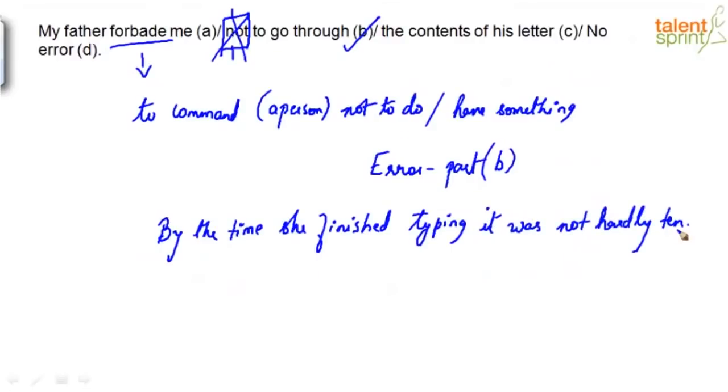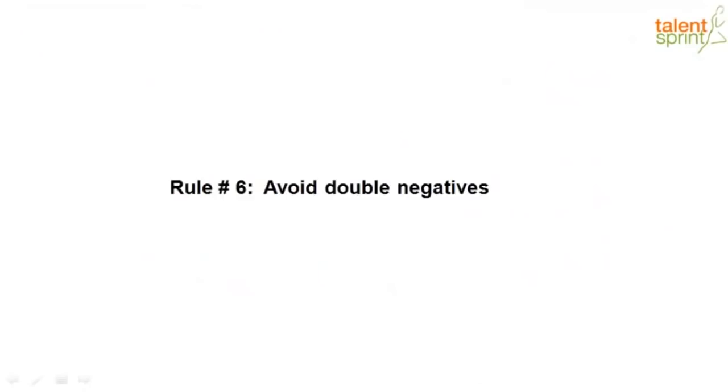So in the context, you obviously know you don't need this "not" here. By the time she finished typing, it was hardly 10, which already gives me the meaning that it was not 10. So these sort of rules are called double negatives, right? So you need to watch out for these sort of errors. Avoid double negatives. That's your next rule, right? Rule number 6, avoid double negatives.